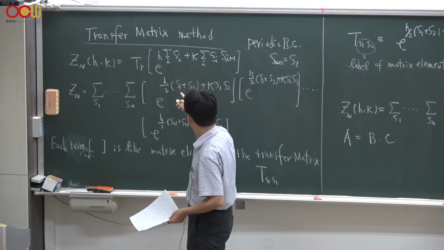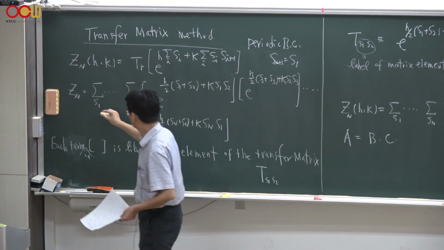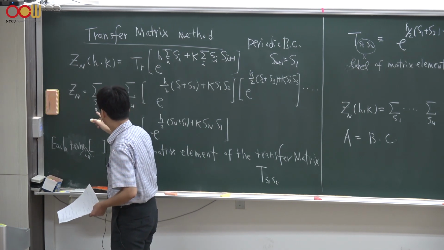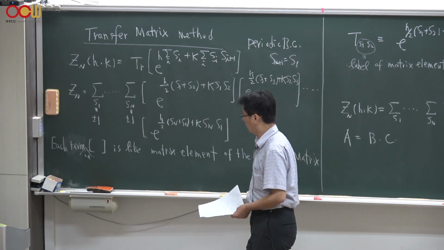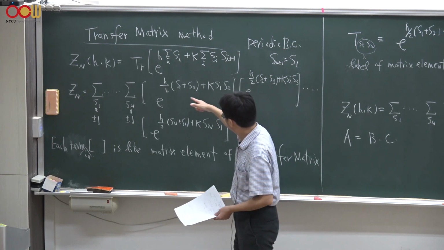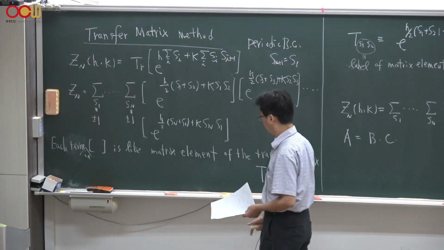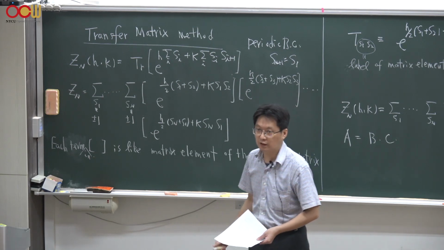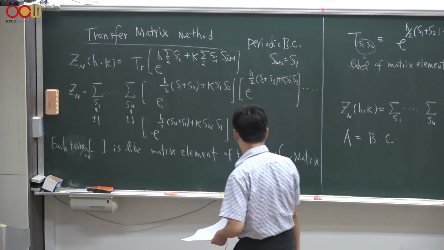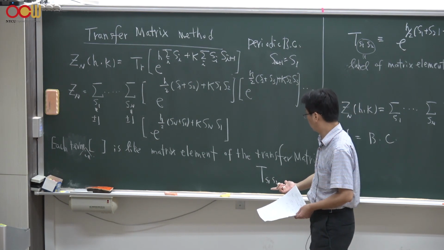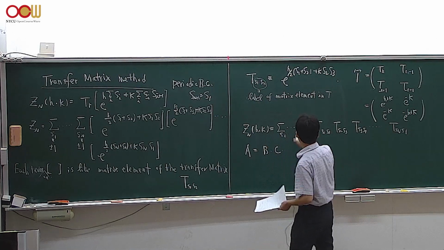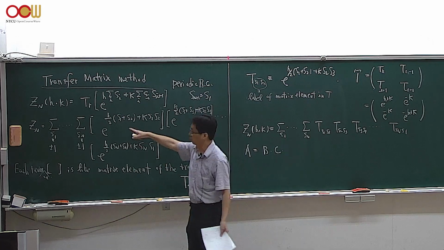If we simply expand all the possible values of all these spin variables, being plus or minus 1, then for each fixed set of spin variables, each of the brackets here is something like the matrix element of a matrix we call the transfer matrix, T_{S1,S2}, where T_{S1,S2} is simply the first bracket here.